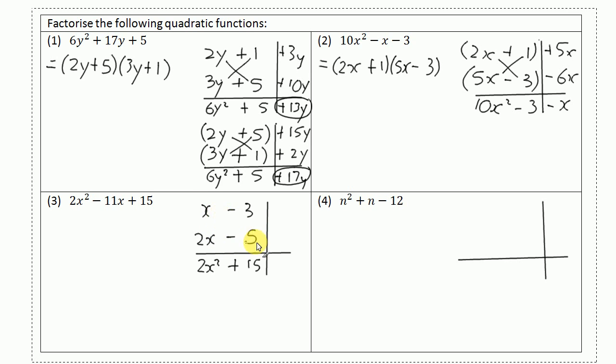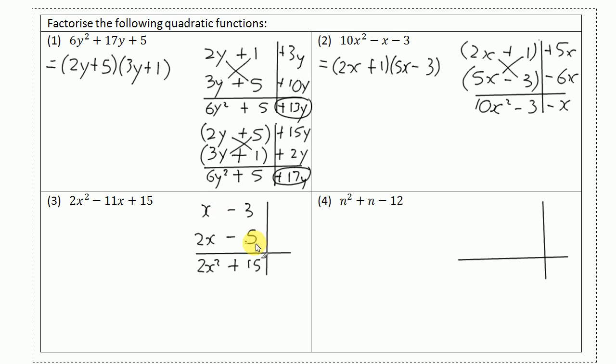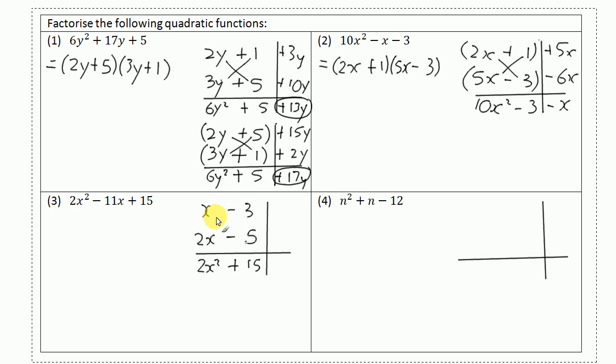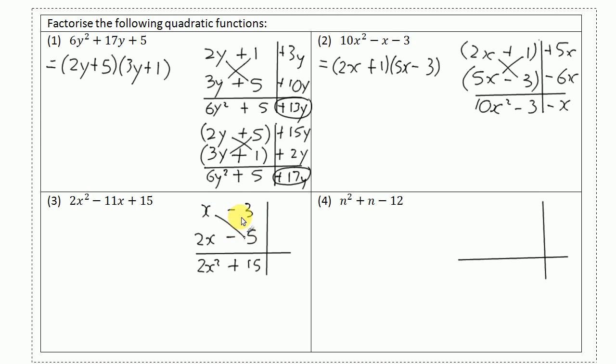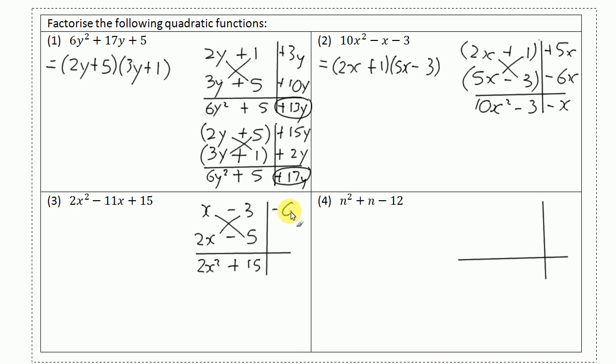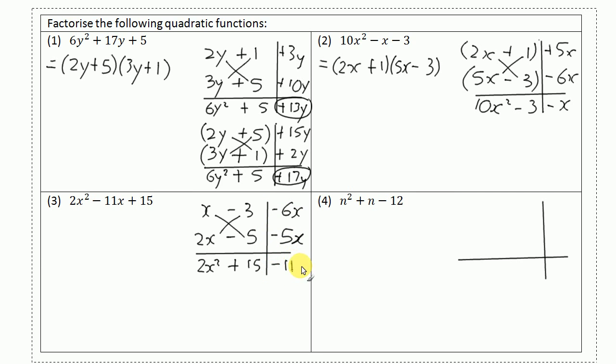So when you multiply diagonally, you will get minus 5x and minus 6x. Here will give you negative 6x. And this way, multiply will give you negative 5x. Now, when added together, this will give you negative 11x.